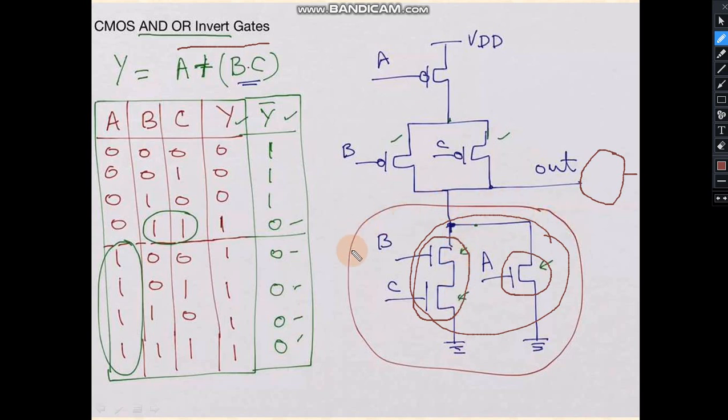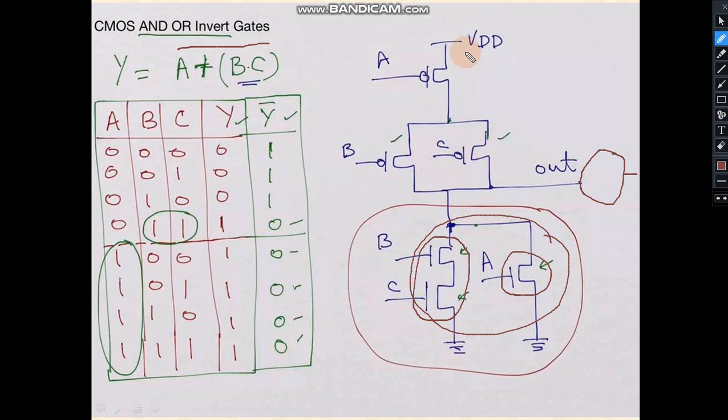After drawing this NMOS network, the reverse is applied to the PMOS. If B and C are in series in NMOS, they must be in parallel in PMOS. And if A is in parallel with BC, it must be in series with the BC combination.